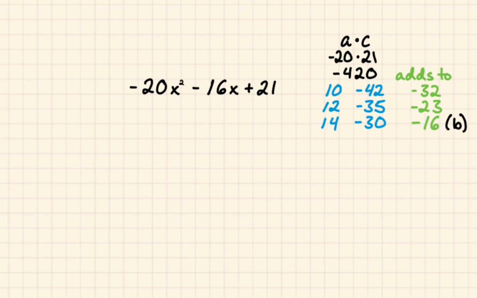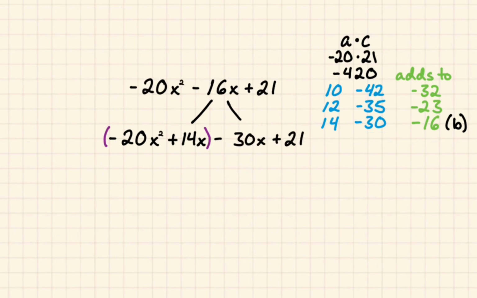So I'm going to replace negative 16x by 14x and negative 30x. I can factor out a 2x for my first two terms, change the subtraction to adding the opposite, and factor out a 3 for my last two terms.